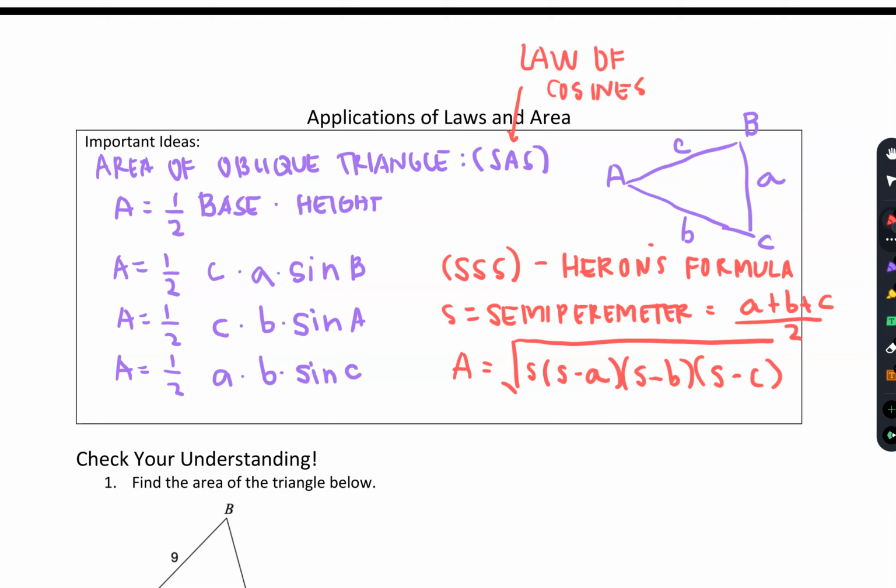So both of these two ways, if I were just trying to find all the pieces of my triangle, I would be using the law of cosines for this. Okay? All right, so take a minute and work through 1 through 4 for me.